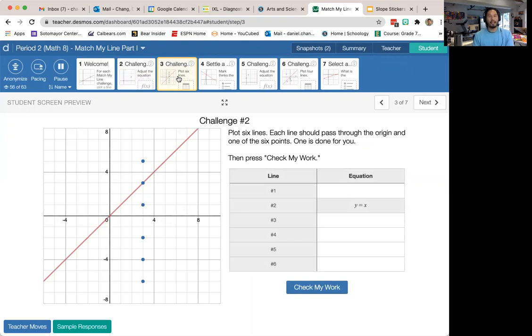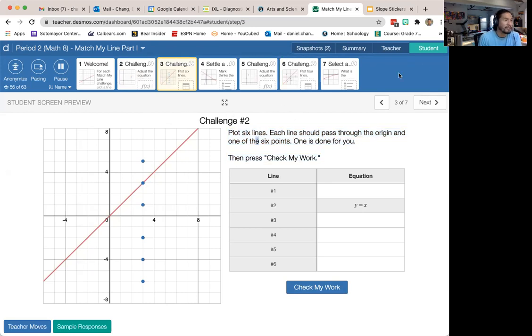So for challenge number 2, you have to plot 6 different lines. Each line should pass through the origin and one of the 6 points. One is done for you. Then press check my work.